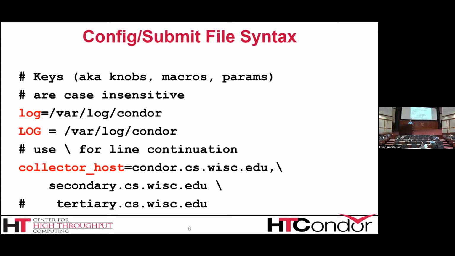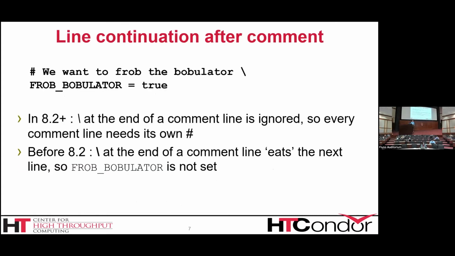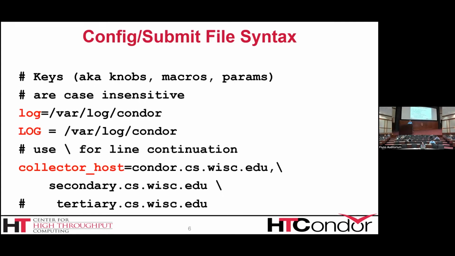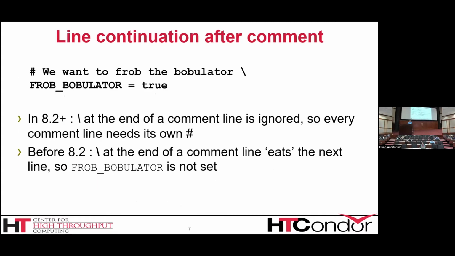Lines that end in a backslash are continuation lines. That is, the very next line is part of this value, and the next line will also be part of this value.